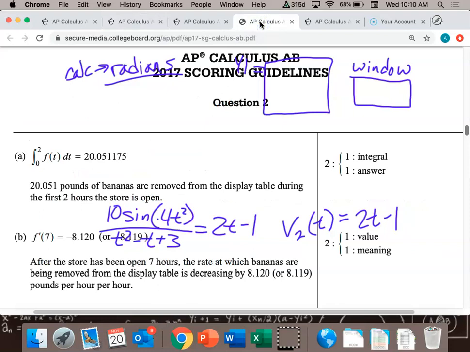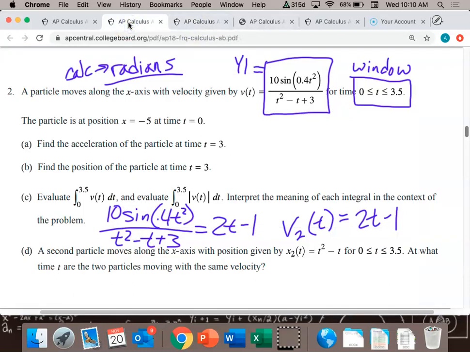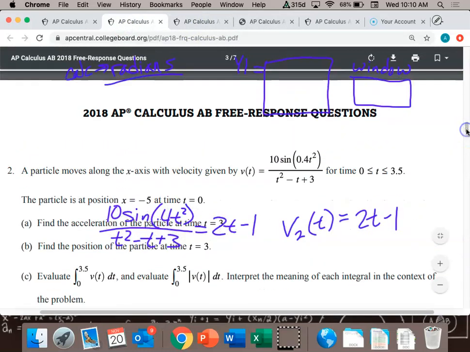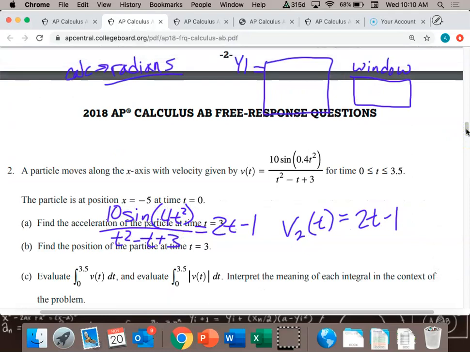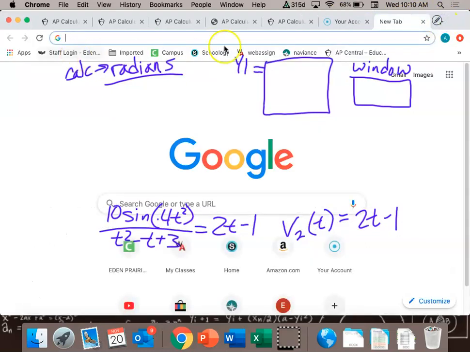No, 2018 is, 2017 is bananas. So, here, let me look. It's 2018. Sorry, I lied. This is 2018. All right, so let's see. Scoring guidelines. 2017 free response. All right, we'll get there. Don't worry.